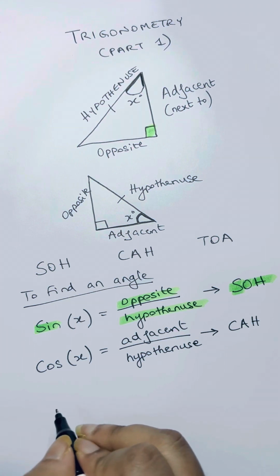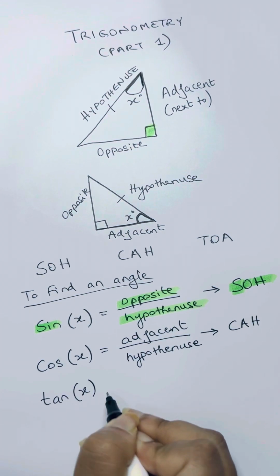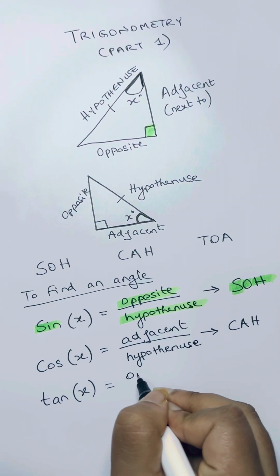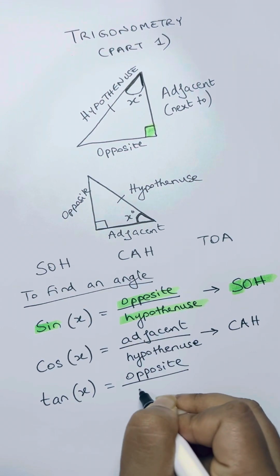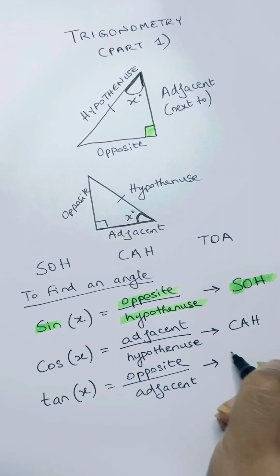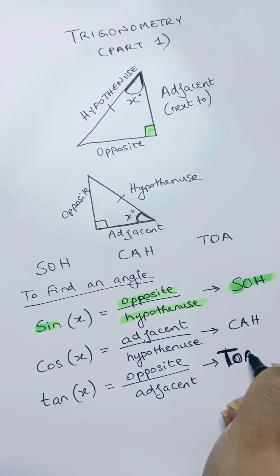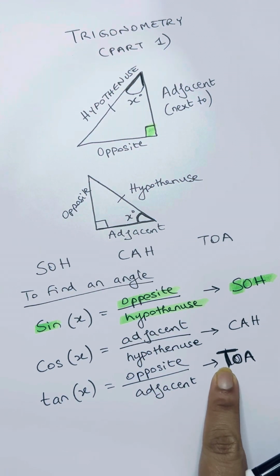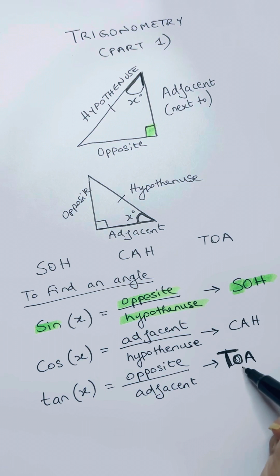Then we have tan of x, which is for TOA. The O stands for opposite and the A stands for adjacent.